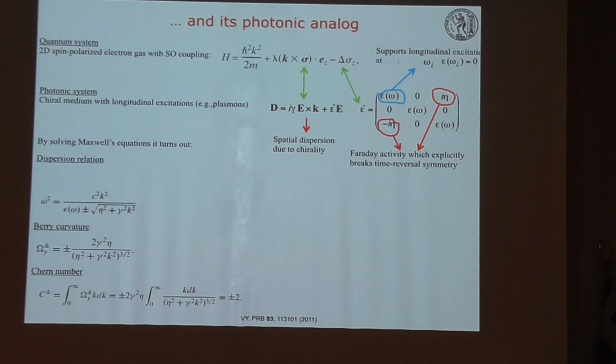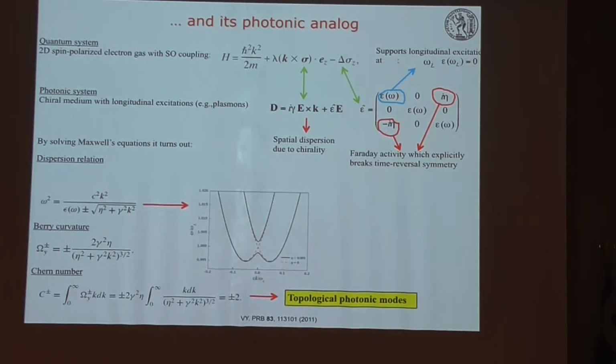This is the dispersion relation. This is for the photons. This is for the electrons. We can see the similarity between the two dispersions. The Chern number also assumes the same values as its electronic counterpart.